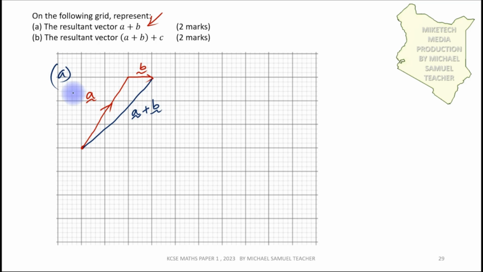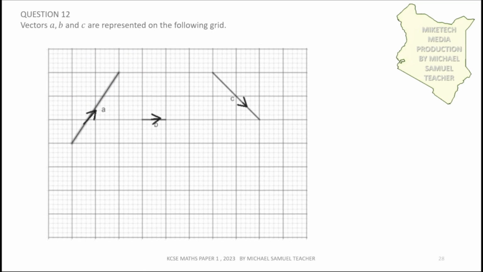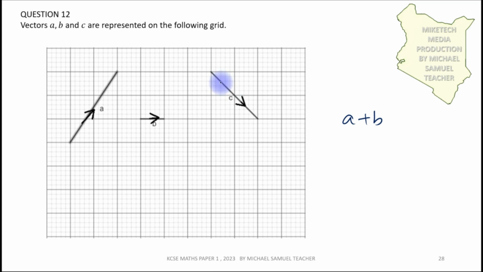Then for part B, we now need the resultant vector, A plus B in brackets, plus C. Now, from what we have been given, we can see vector C moves from the top left to the bottom right. That means there is a movement in the x direction, 2 steps, and in the y direction, 2 steps downwards.